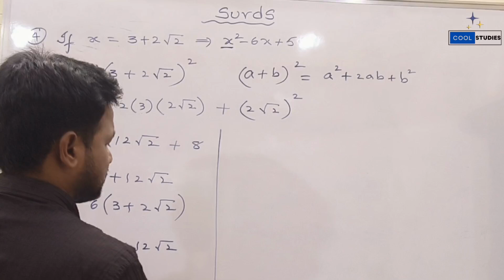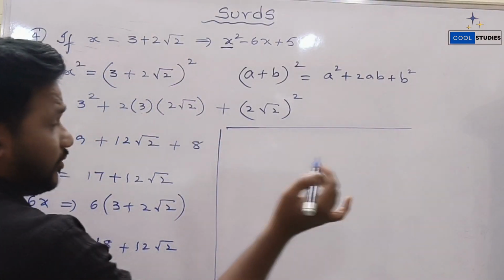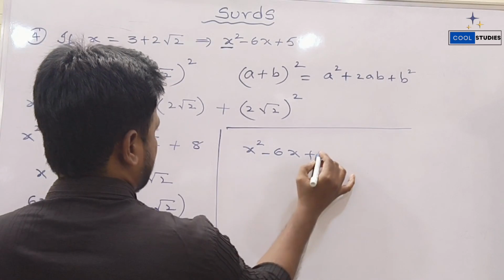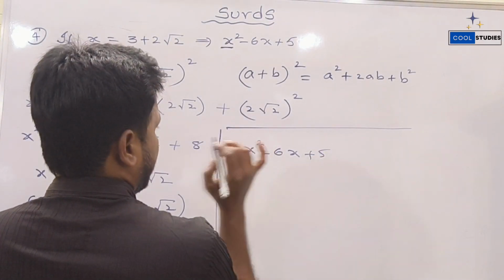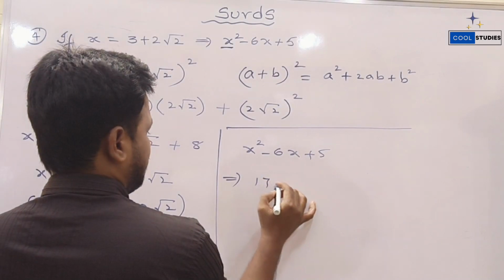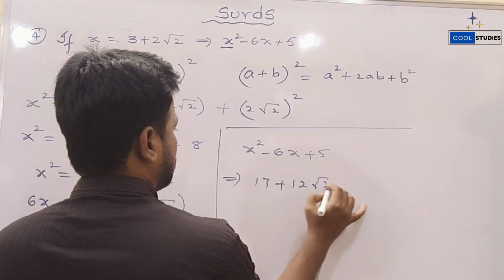Let us come to the question. Actually what do we have to find? x square minus 6x plus 5. Right? The x square value, what did we get? 17 plus 12 root 2.